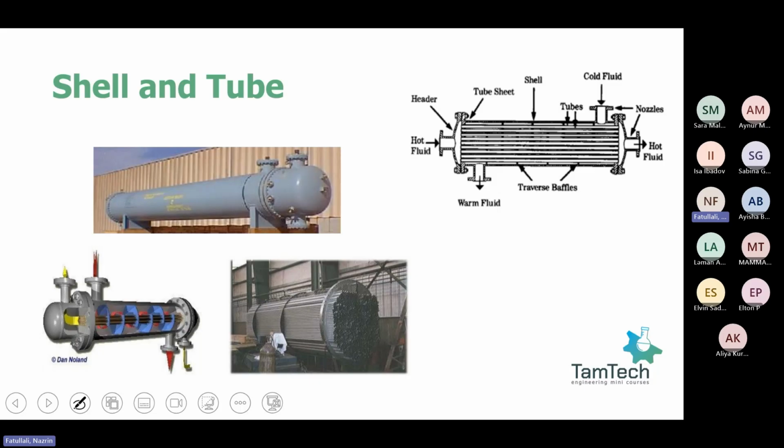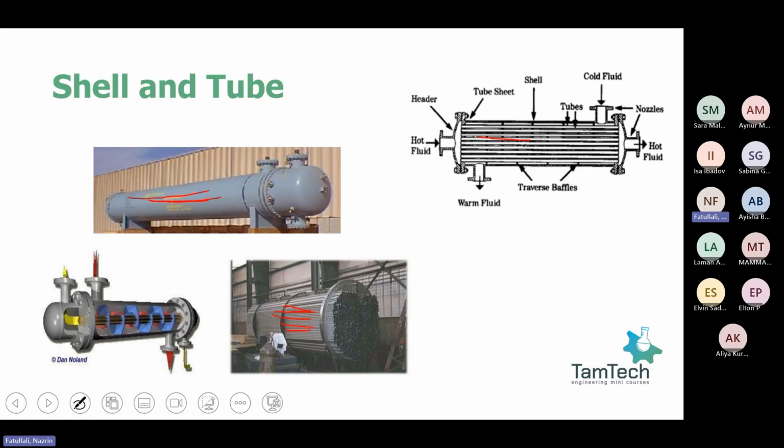On both sides, like you see here, we have tubes, and the outer side of these tubes is called the shell side. Both sides are forced by convection. The fluid on the tube side is pumped through the tube, and the shell side fluid is pumped across the tube bundle.